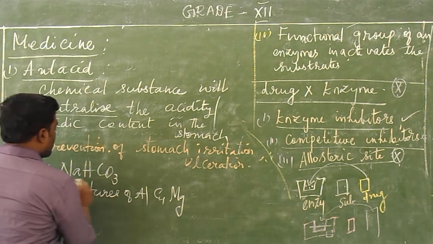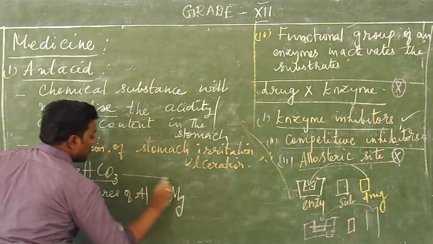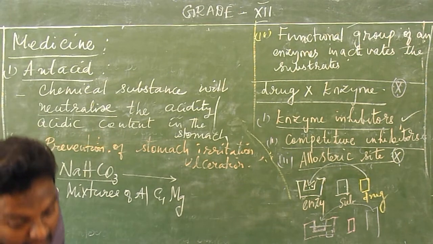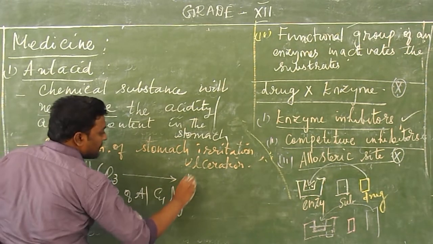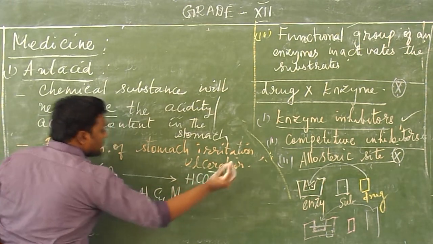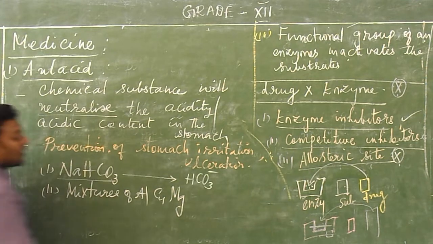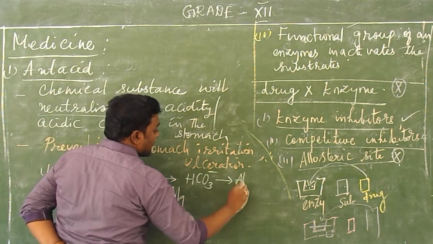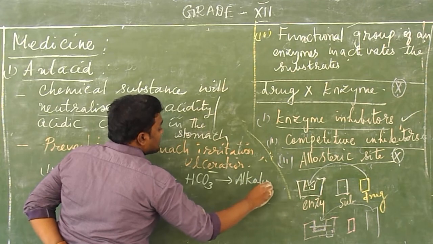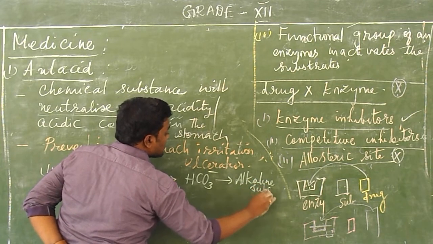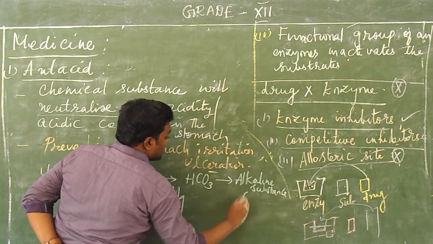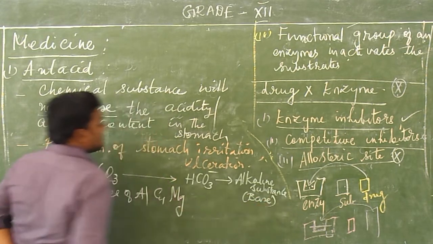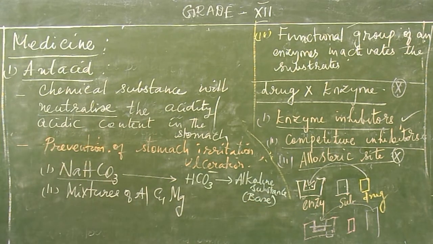When you take this sodium bicarbonate, it is made up of bicarbonate ions. What is the bicarbonate ion? HCO3 minus ion. This bicarbonate ion naturally is an alkaline substance. What is this alkaline substance? An alkaline substance or a base. It acts as a base.